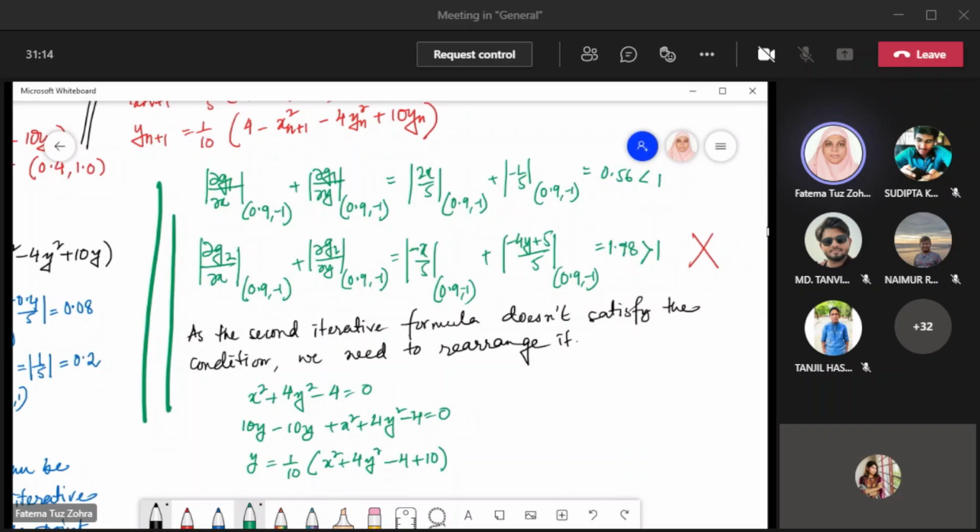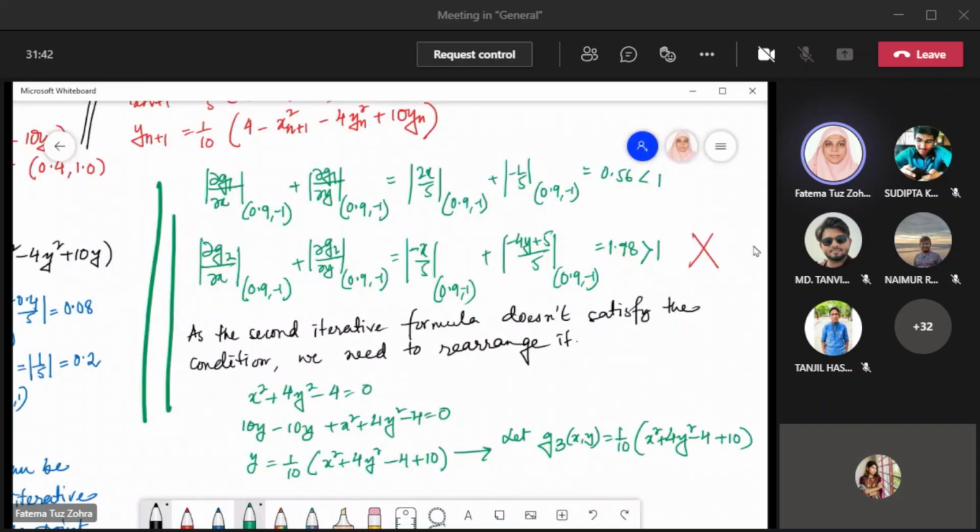Can I write it? Yes, ma'am. So if I think that that is my G3, let G3(x,y) is equal to 1 by 10 of x square plus 4y square minus 4 plus 10y.